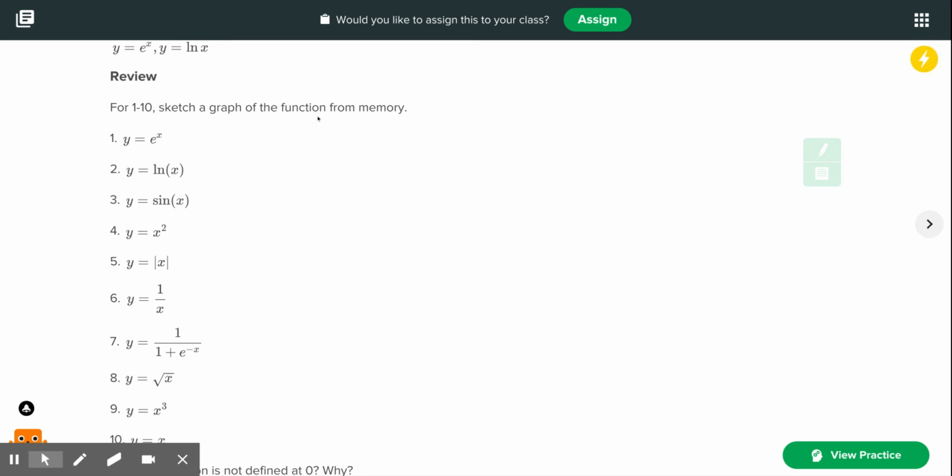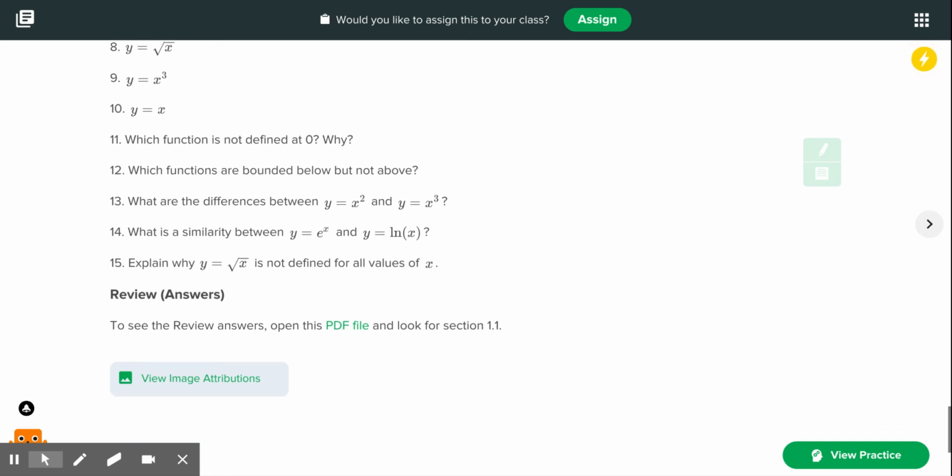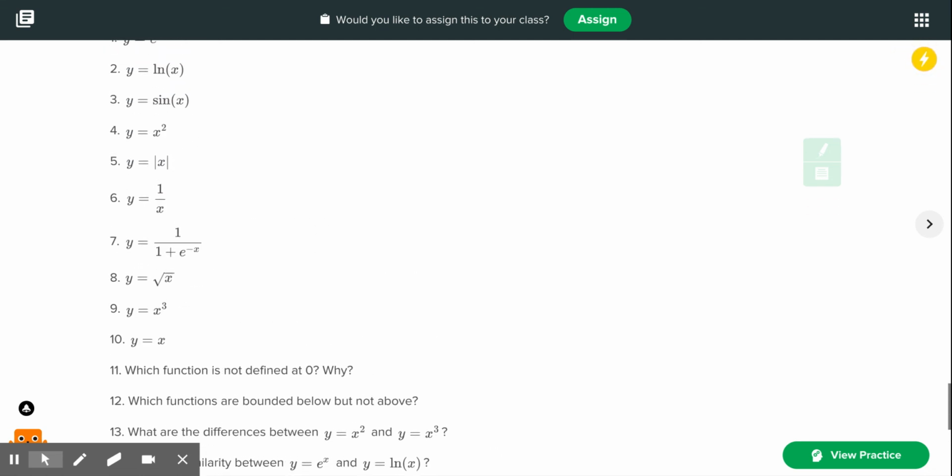They ask you to sketch the graph of the function from memory. So, of course, you can try to do that, or you can use a graphing calculator or Desmos. Some different questions there. Now, these review questions are nice because they give you the answers. So if you click on this PDF file here, this link, that will open up the answers to those review questions.